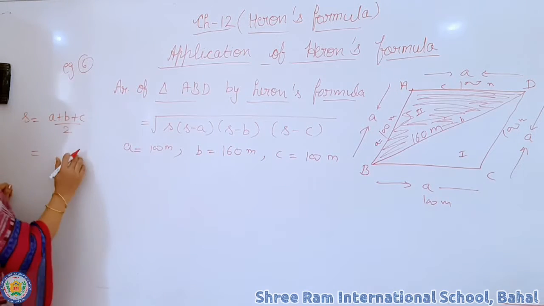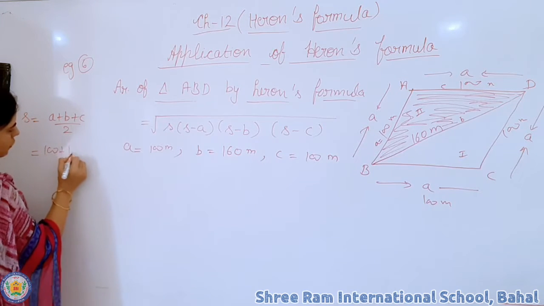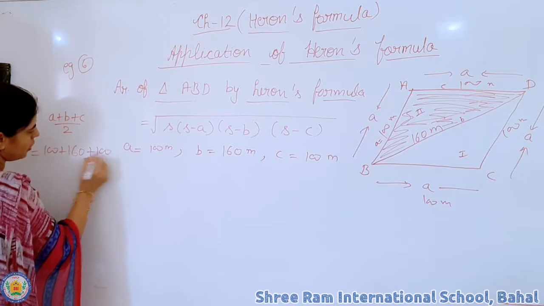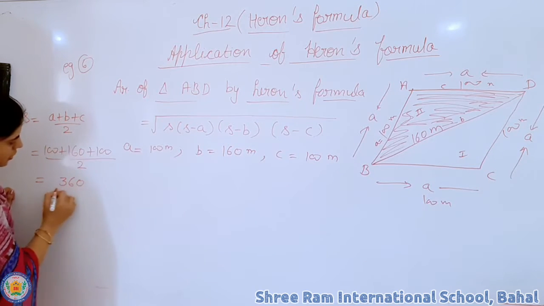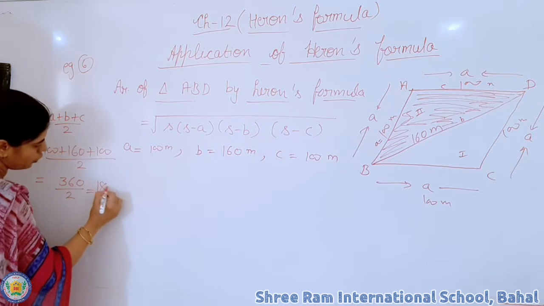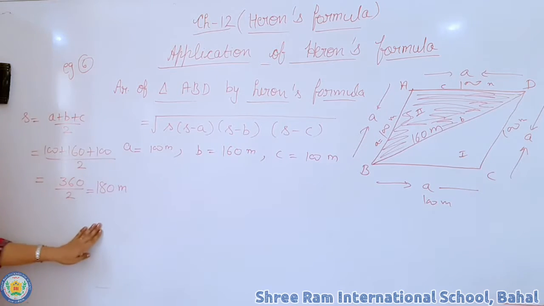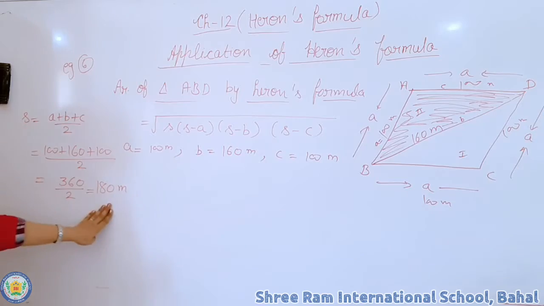So add the value of all sides: 100 plus 160 plus 100 divided by 2, which is equal to 360 divided by 2, which is equal to 180 meter. Here S is 180 meter.